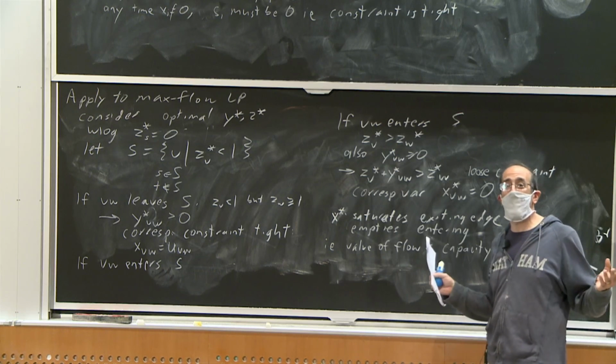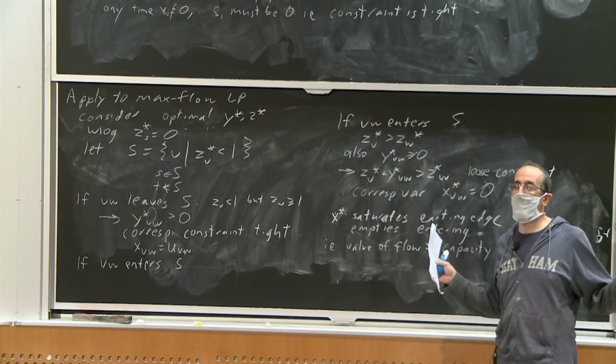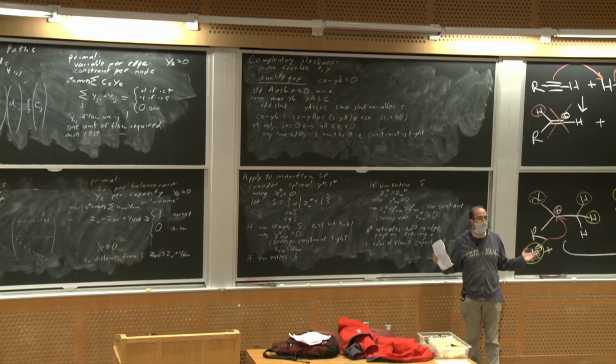So we have, in fact, recovered the max-flow min-cut theorem just by applying complementary slackness to the dual.